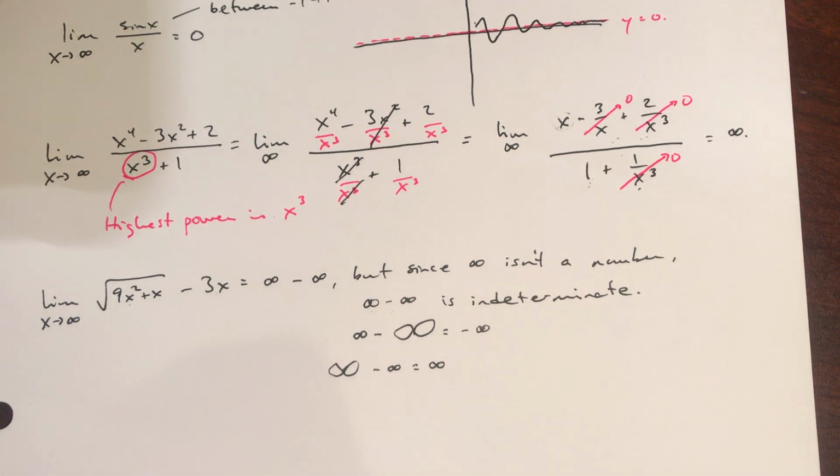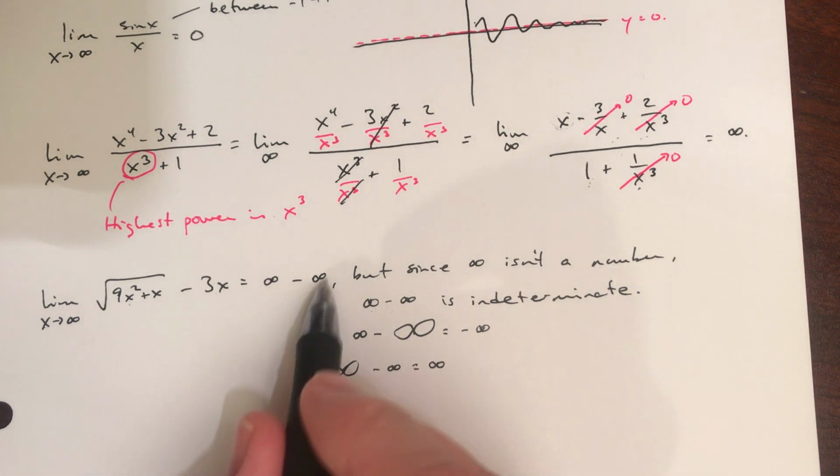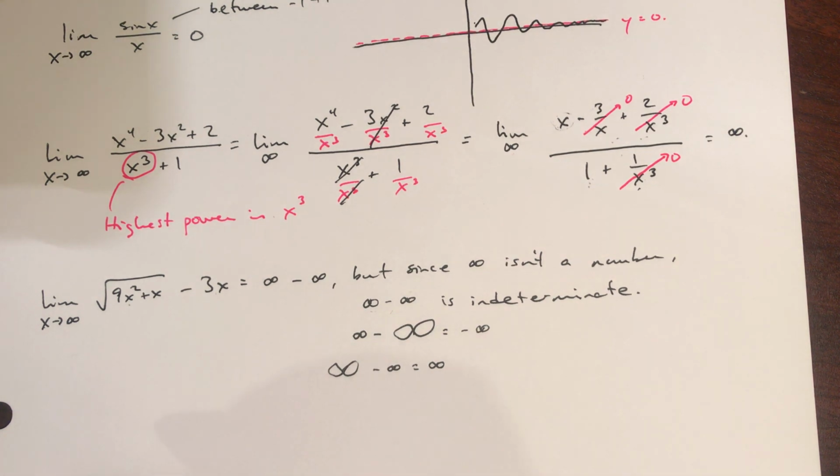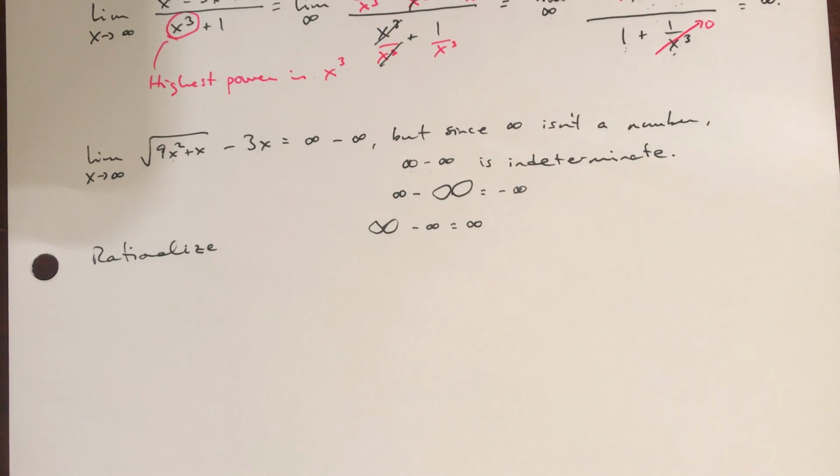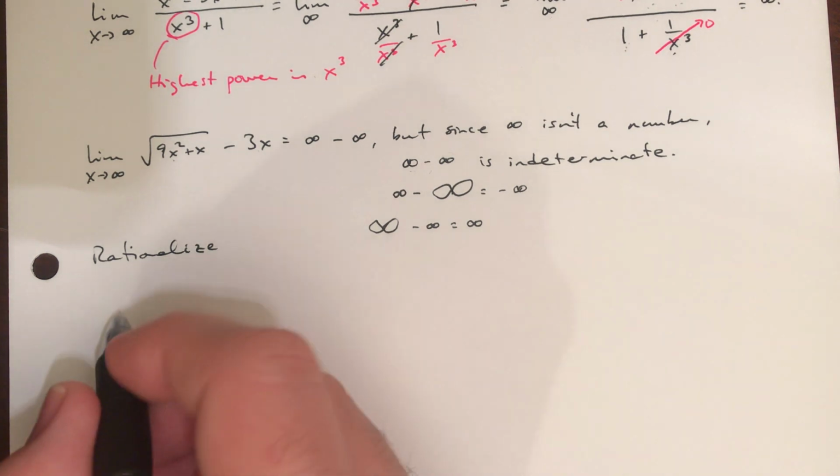So what can we do with an expression like that to maybe resolve this idea of infinity minus infinity? We're going to rationalize. And we've seen this trick before with evaluating limits earlier this semester. In fact, we found the derivative of square root of x by using a little trick like this.